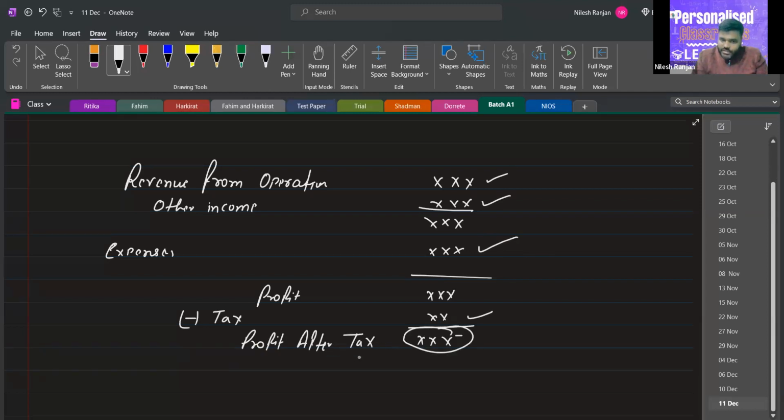Okay. So in this profit after tax, in a statement of profit and loss, the cash and credit, both items are included. Yes or no?